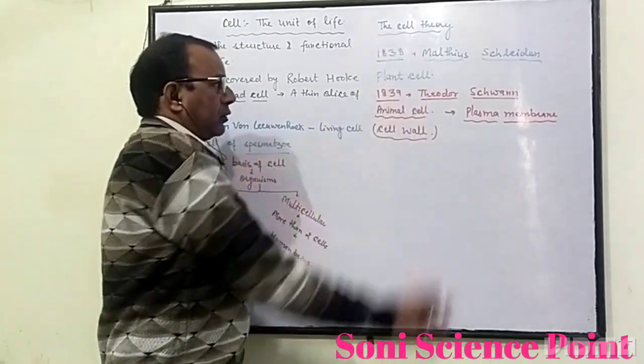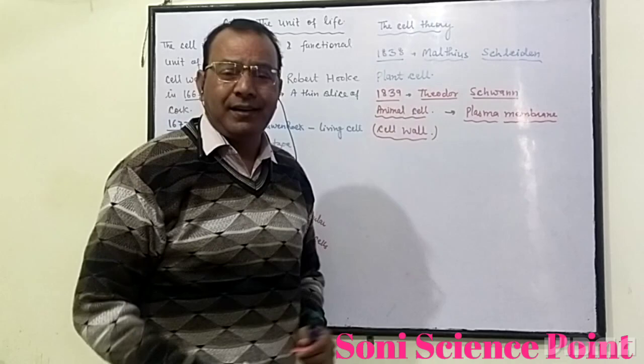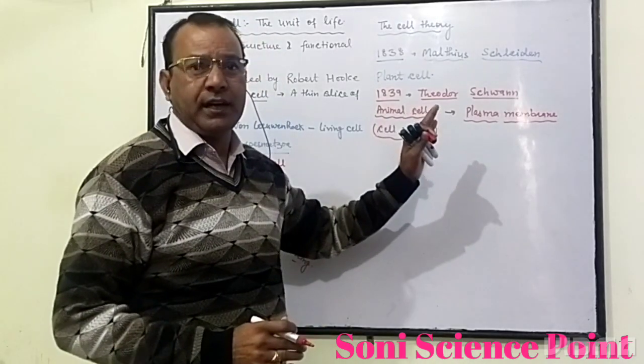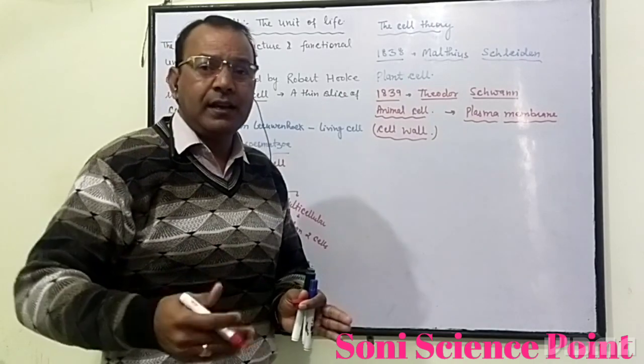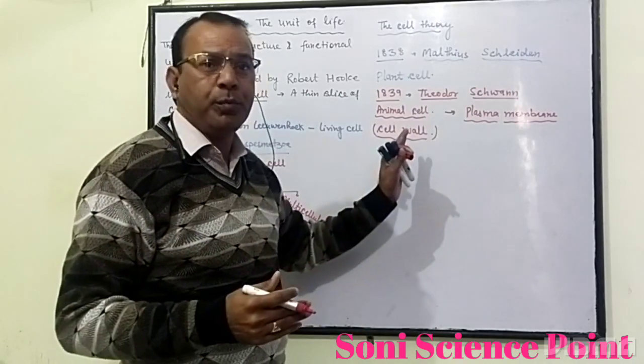But Schwann and Schleiden both did not propose how new cells are produced. How are these cells made? This was not proposed by them.